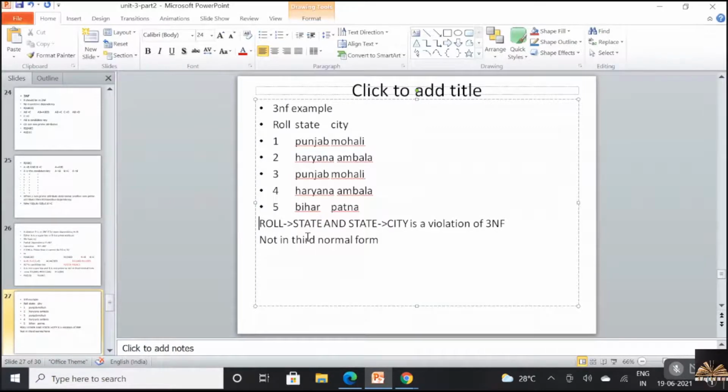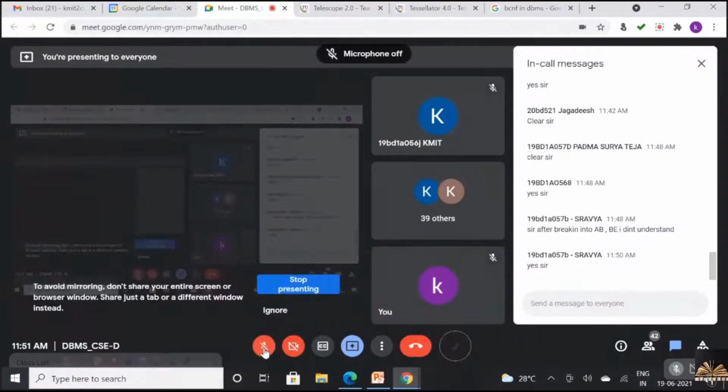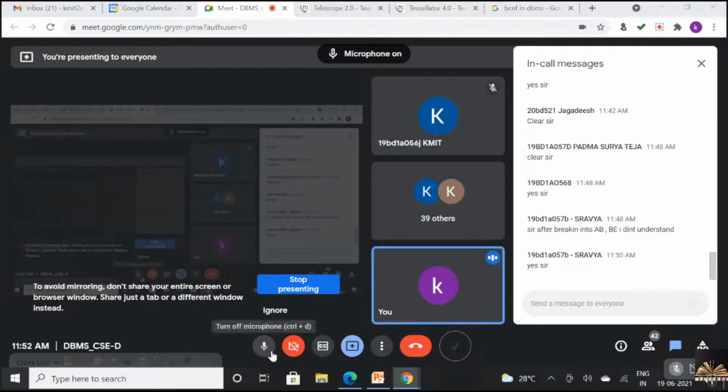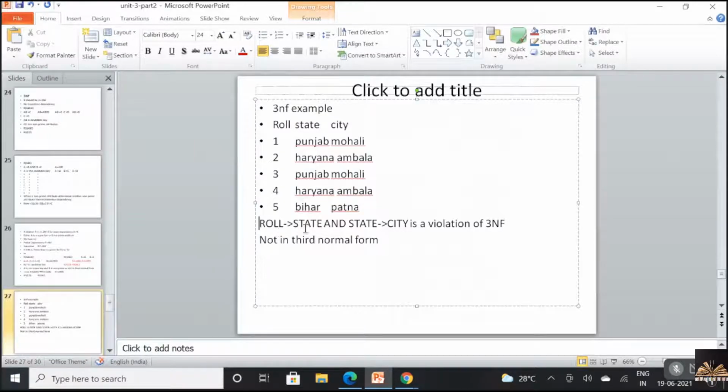One second, ma. Okay, ma. Now see, roll number implies state and state implies city.